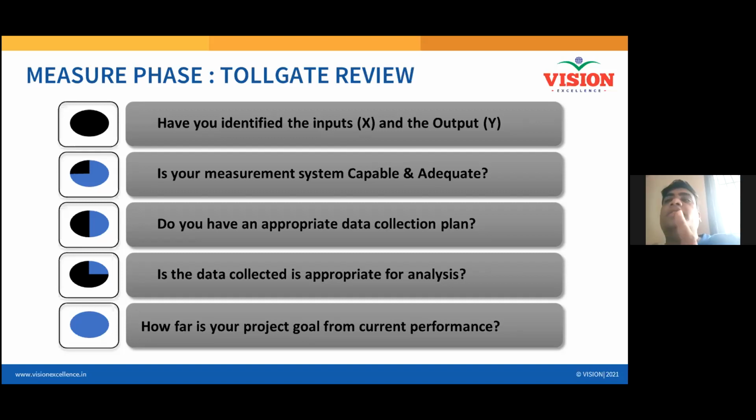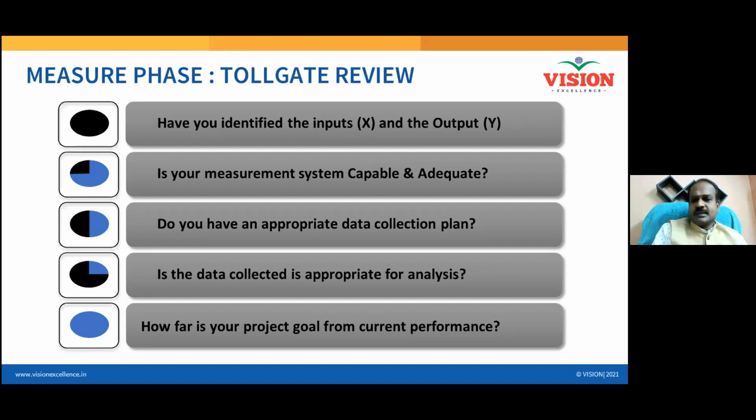Sir, one thing, sir. The second one, is your measurement system capable and adequate? And the fourth one is the data collected is appropriate for analysis. Are both likely to be similar? Correct, you are right. Likely to be the same, but the second one goes into more detail.